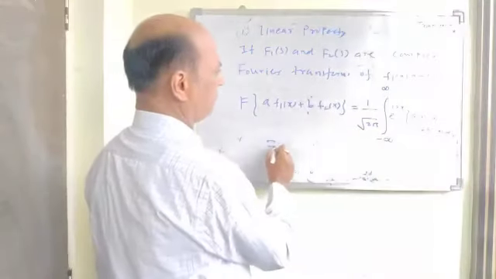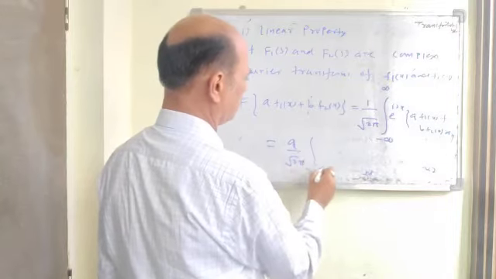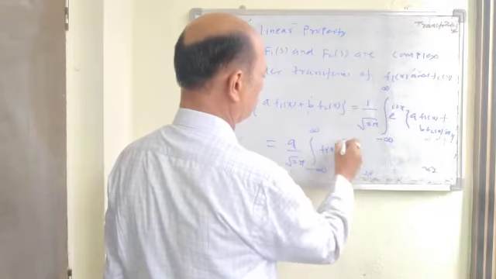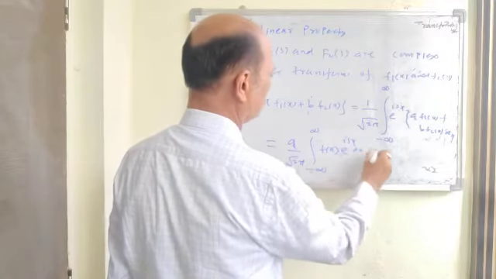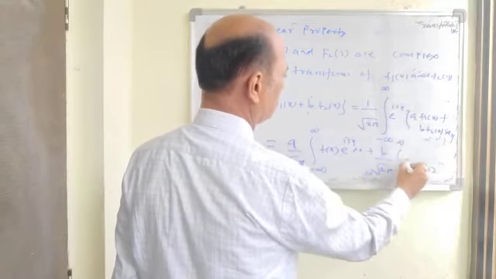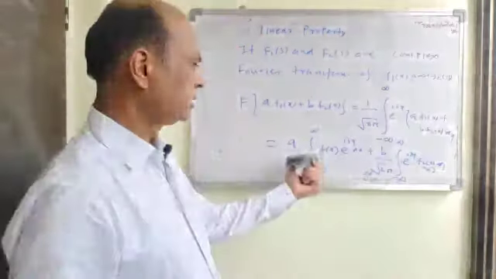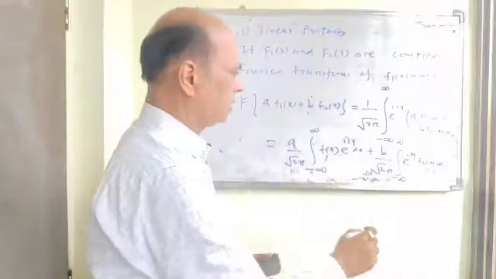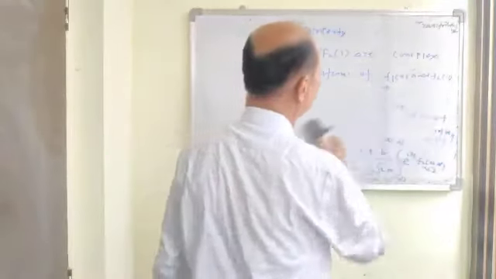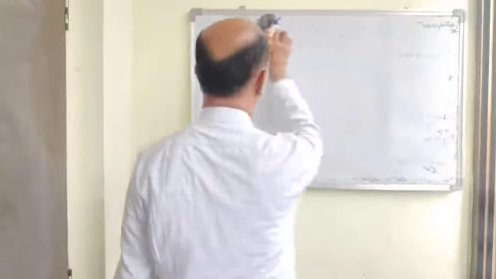So that will be a upon root 2 pi integration from minus infinity to infinity f1 of x e to the power isx dx, plus b upon root 2 pi integration from minus infinity to infinity e to the power isx f2 of x dx. So this is F of f1 of x and this is F of f2 of x. This is the proof, and this is the linear property of the complex Fourier transform.